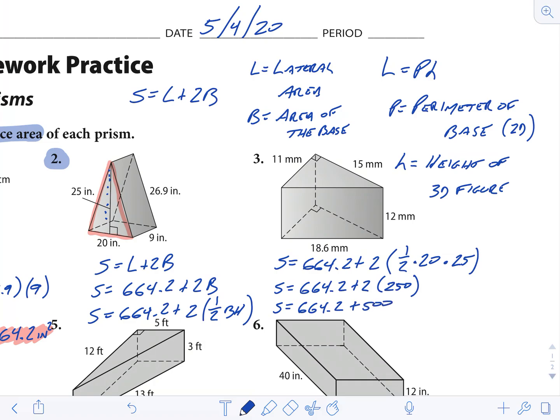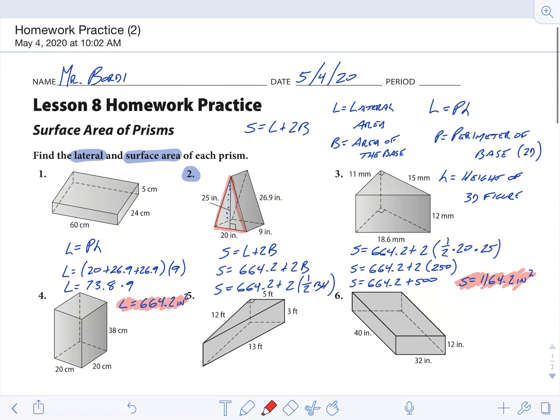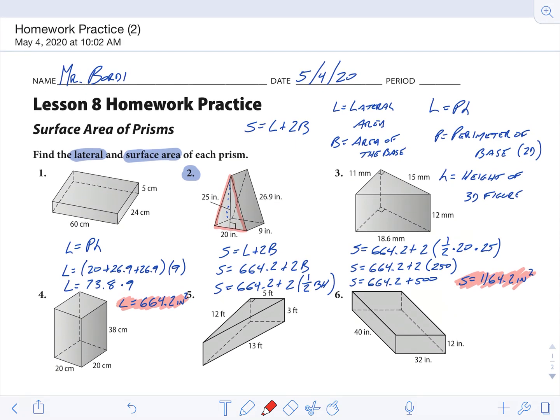Now I add those up to get a grand total of S equals 664.2 plus 500, which would give me 1,164.2 inches squared. So the two answers I would need to see are L equals 664.2 and S equals 1,164.2 inches squared.